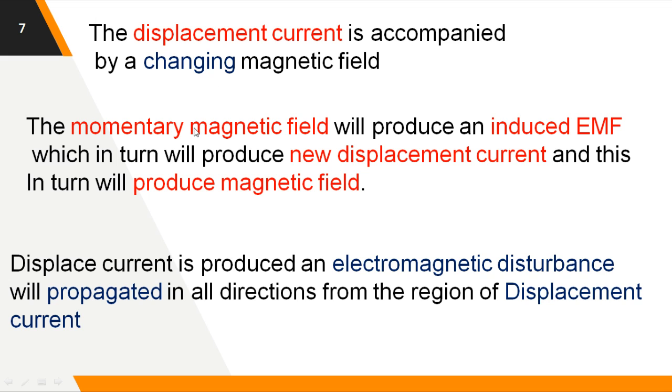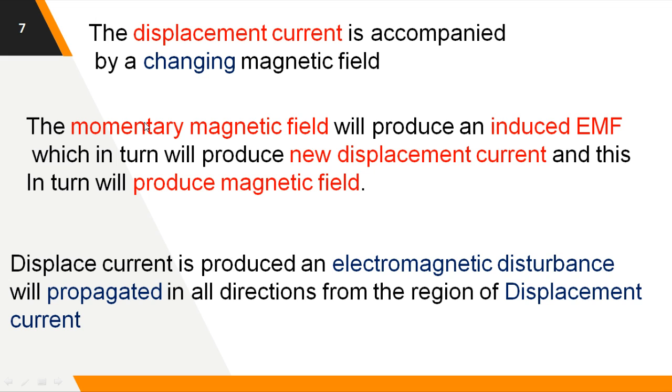So in general, we can conclude from the fourth Maxwell equation, a changing magnetic field will produce an induced EMF. Whenever the magnetic flux changes, an EMF is induced, which in turn produces a new displacement current. And this in turn will produce a magnetic field.